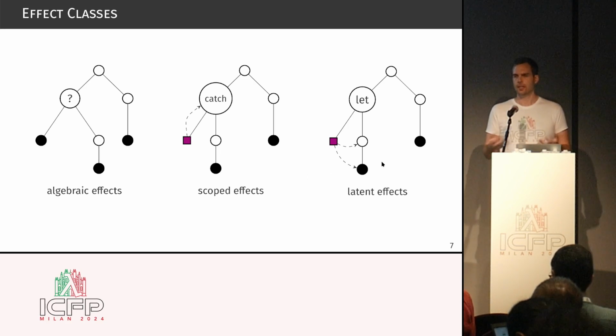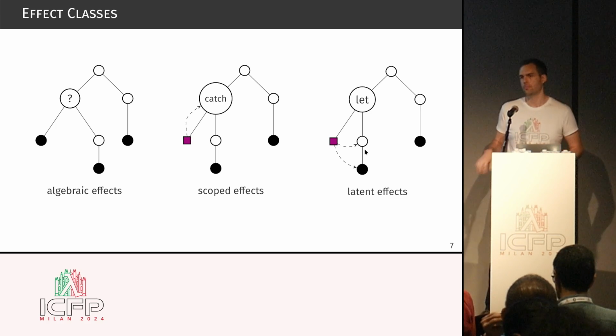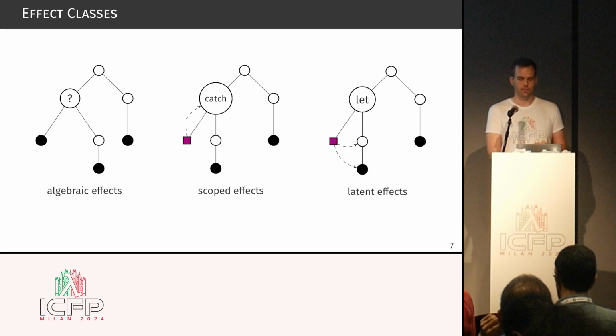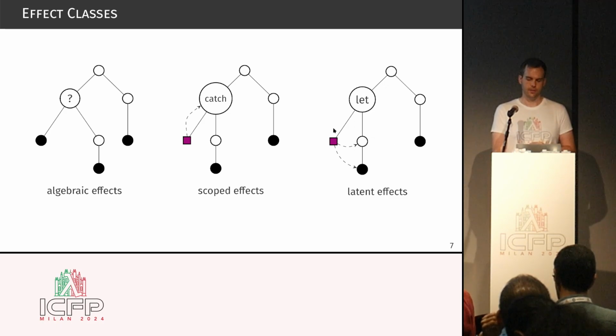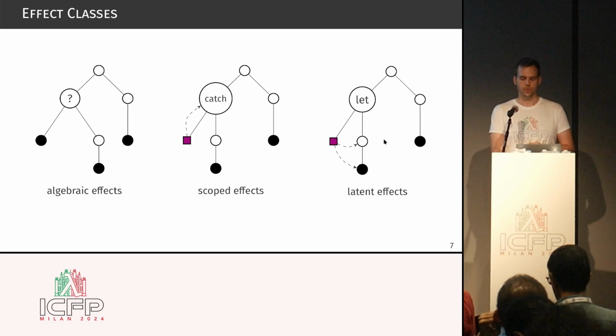But for latent effects, for example, for the memoization, it could be that the argument that we're memoizing here is only evaluated later, at some other point in the tree. Or it might be that it's not even evaluated at all. So latent effects allow us to delay this evaluation indefinitely, and to do it at arbitrary points in the tree.